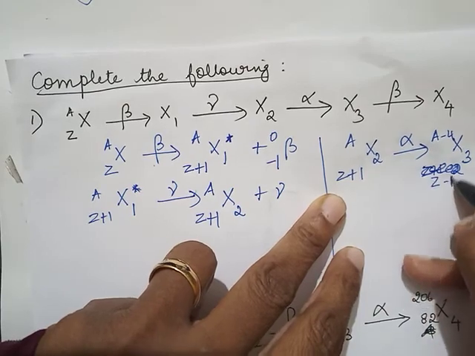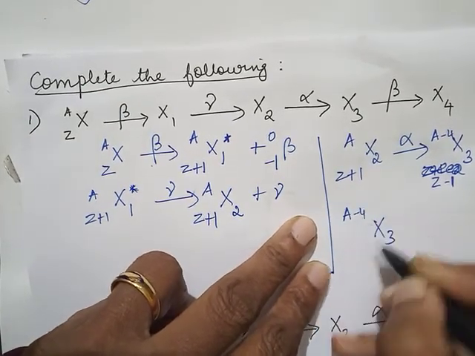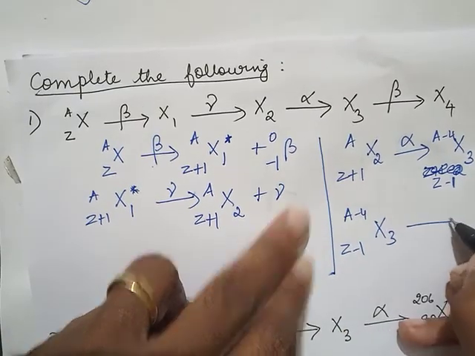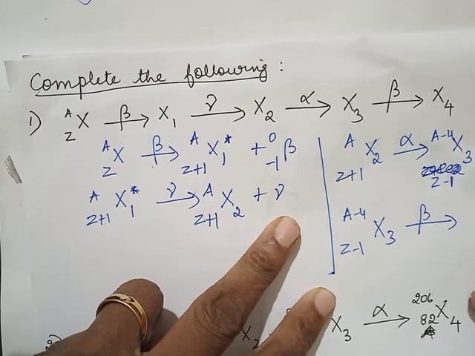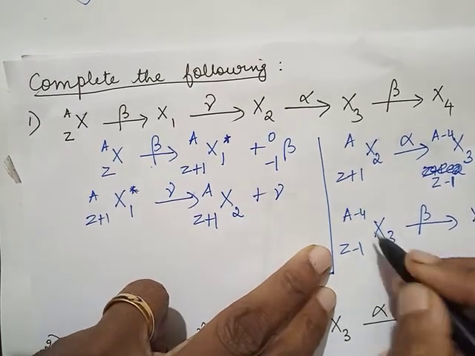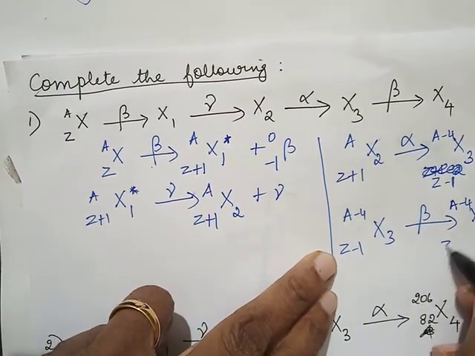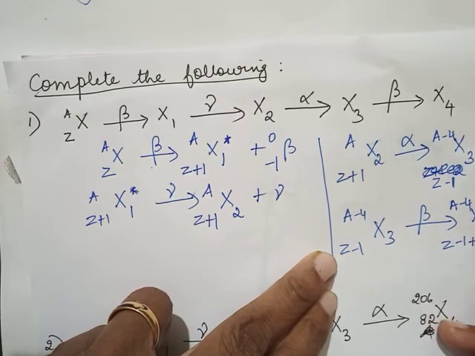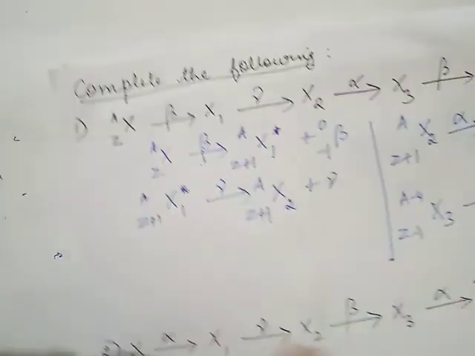So X3, A minus 4, Z minus 1 gives a beta particle, beta 0, minus 1, plus X4. The mass number will remain the same, atomic number Z minus 1 plus 1. So these two will get cut, and you'll have A minus 4 and Z.